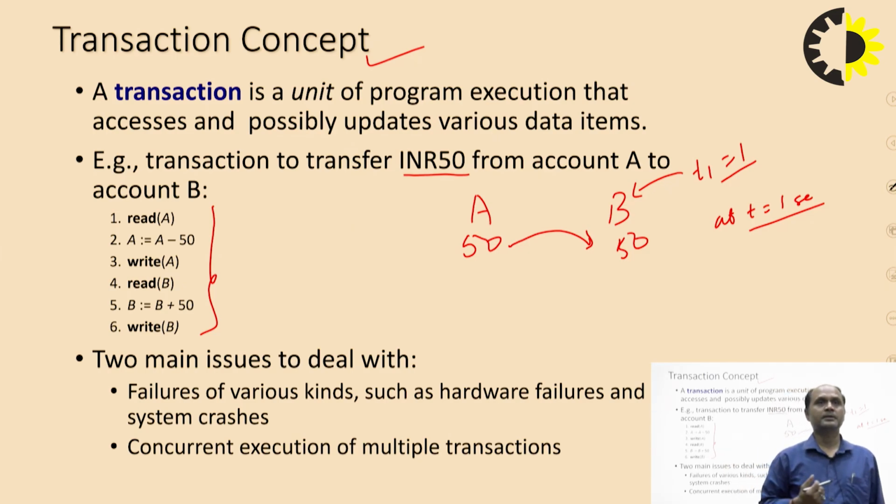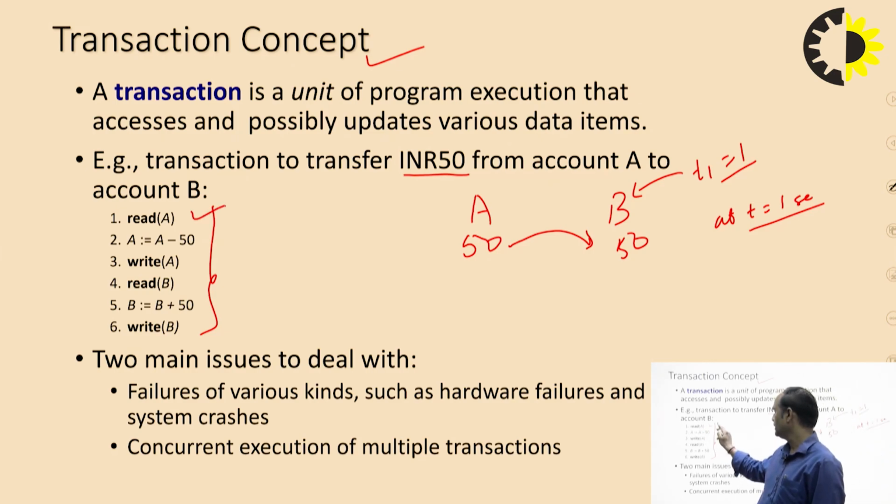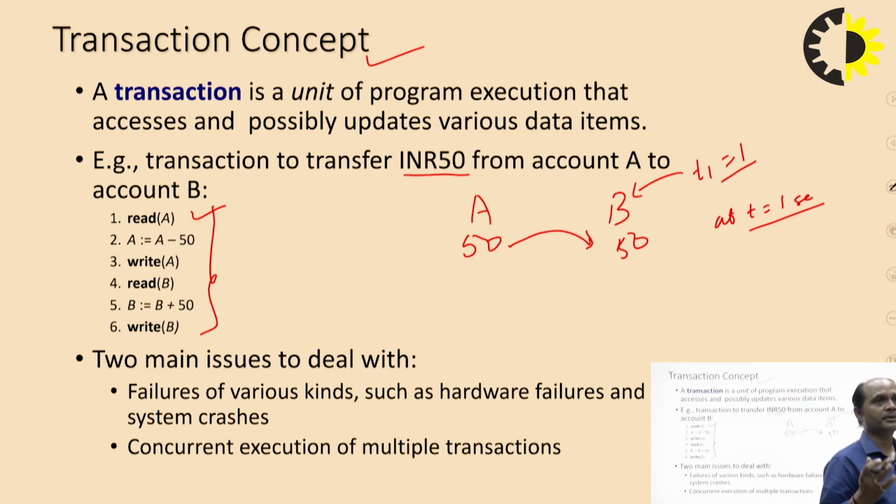How are these steps performed in a transaction? We can read and write. These are the two operations that can be performed in a particular transaction, the basic operations of a transaction. One is read, another is write. What is read?